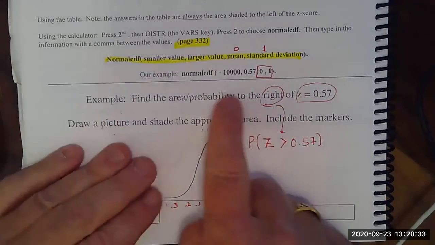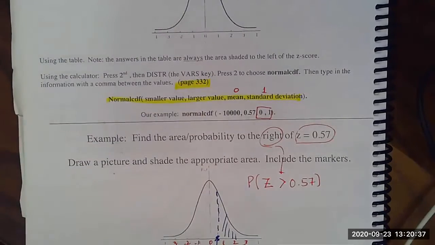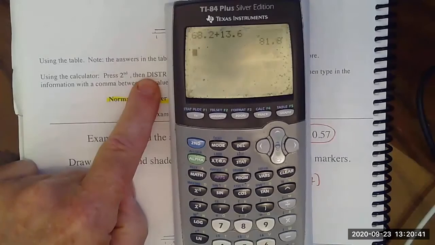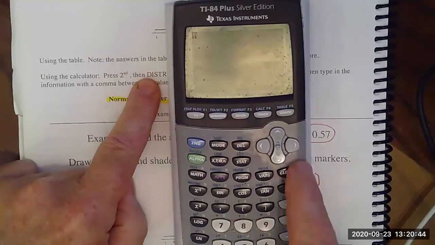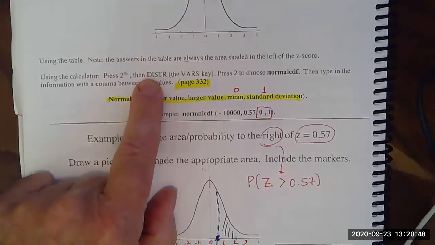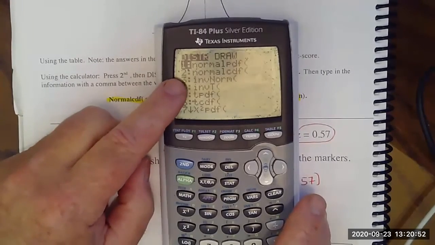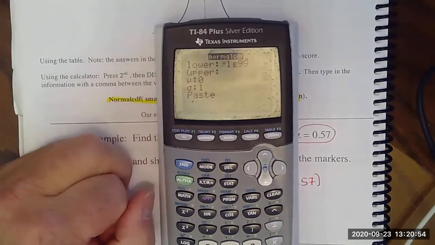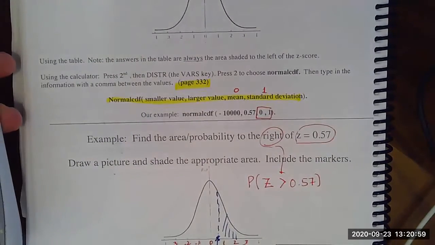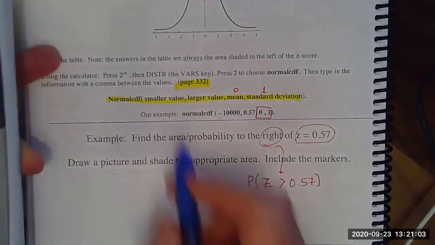So this is what we're going to do. I'm going to go to normal CDF, which is under second distribution again. Second distribution, and I want normal CDF. So it's the number 2 right there. Now, smaller is the same thing as lower in the calculator.